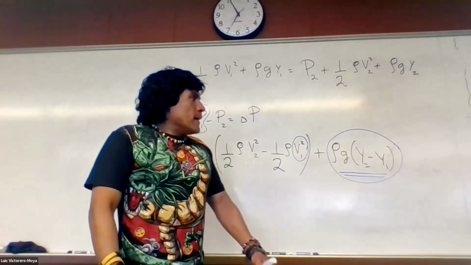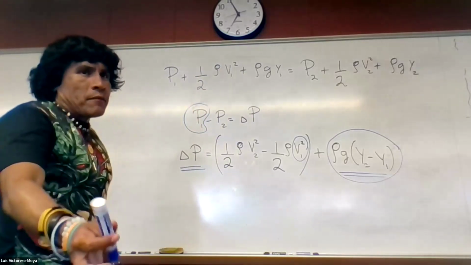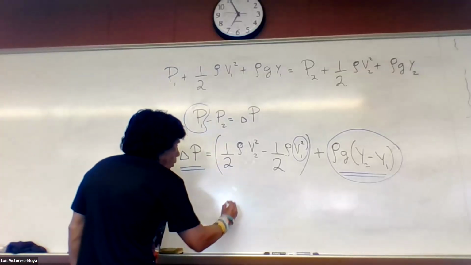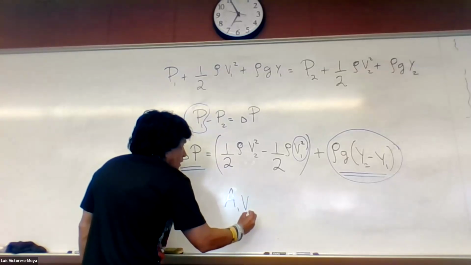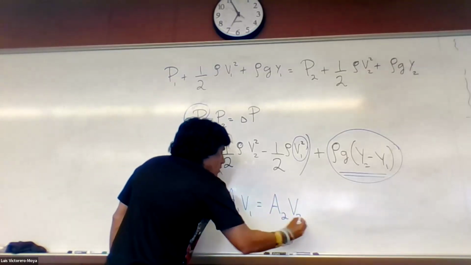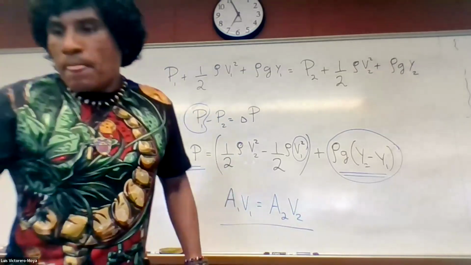So a lot of consequences of this, right? And like I was saying, if you combine this with the continuity equation, then we can solve quite some applications. That's what we're going to do now. All right.